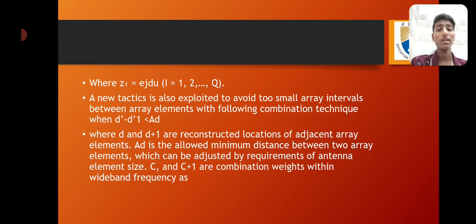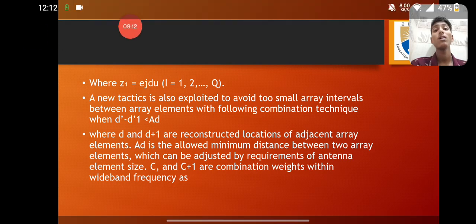Here d_i and d_i+1 are reconstructed locations of adjacent array elements, and Δd is the allowed minimum distance between two array elements, which can be adjusted by requirements of antenna element size.